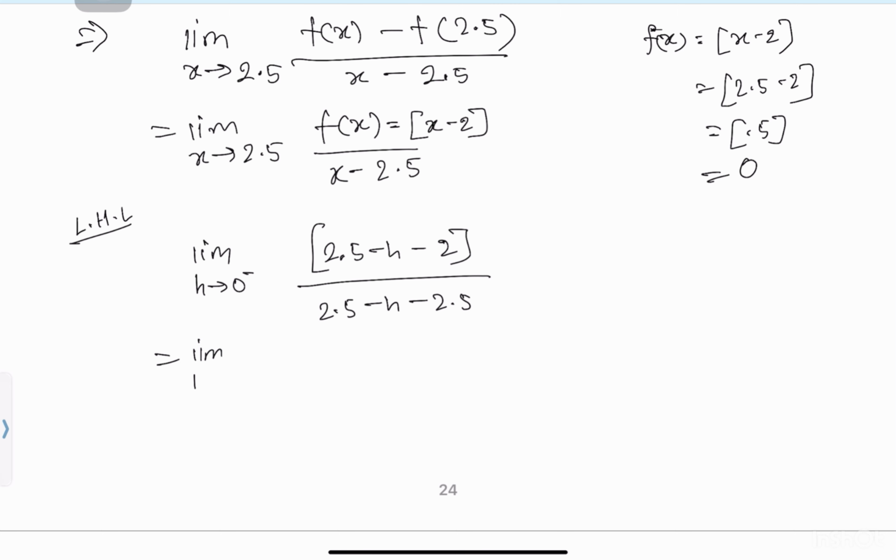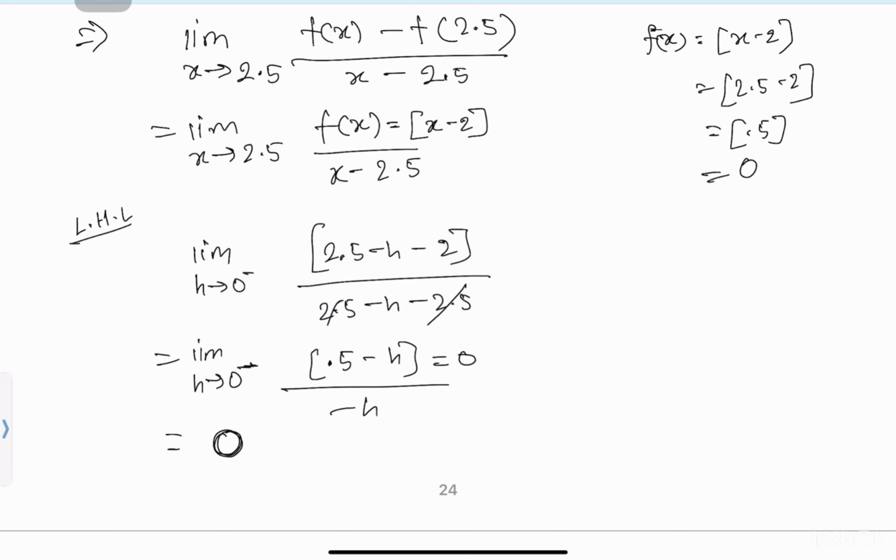So 2.5 minus 2 is 0.5, so 0.5 minus h, and the denominator is minus h. What is the value of the numerator? Here h is a small positive number, so 0.5 minus a small positive number is less than 0.5. So the box term gives 0. That means this is equal to 0.